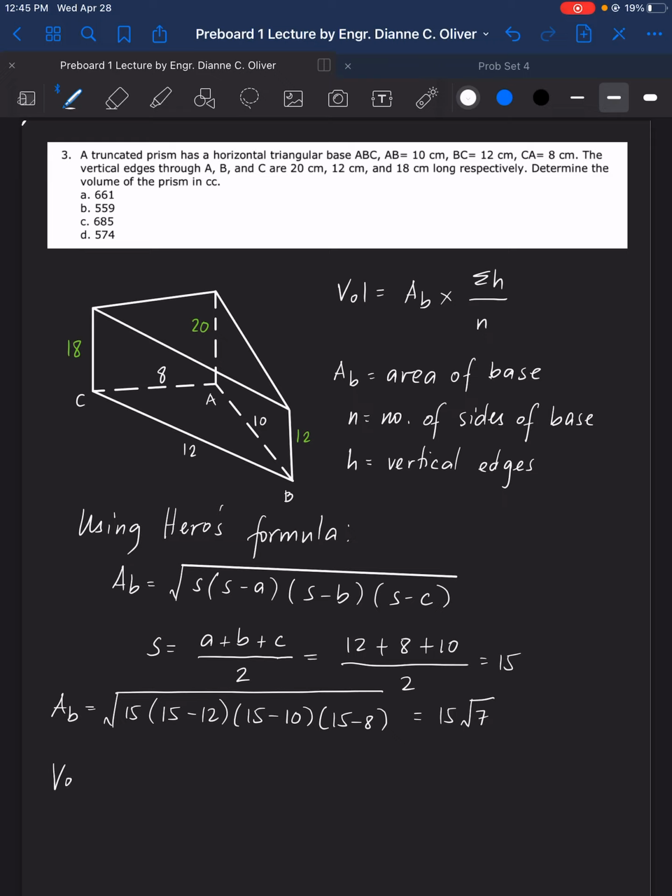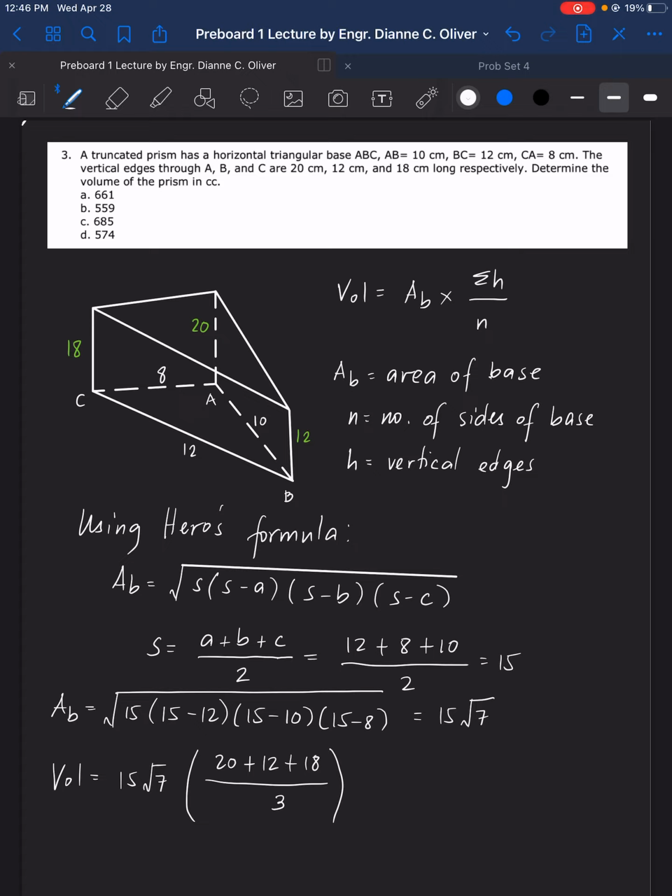Therefore, we now have volume equal to 15 square root of 7 times 20 plus 12 plus 18, sorry, divided by 3 because of the number of sides of the base.